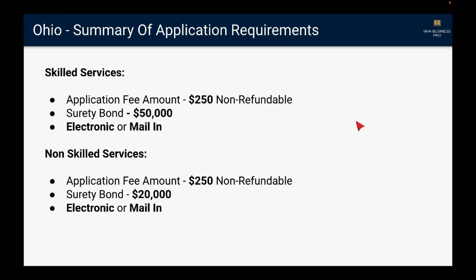But basically, for the skilled services, you need a surety bond of up to $50,000. The application process gives you two options: you can apply electronically, which is typically the fastest way, or you can mail in an application to the state.